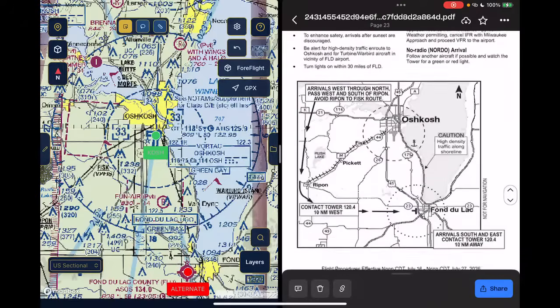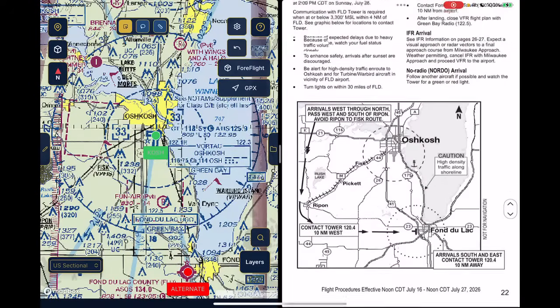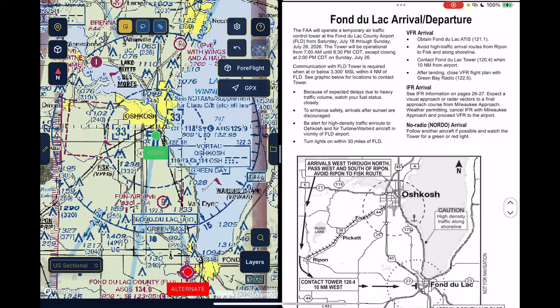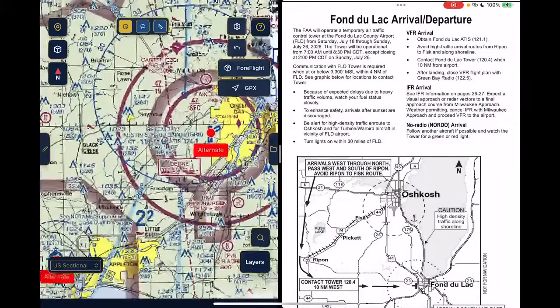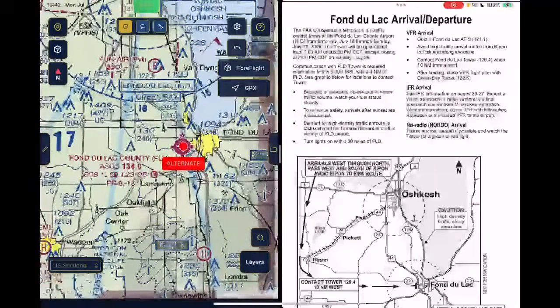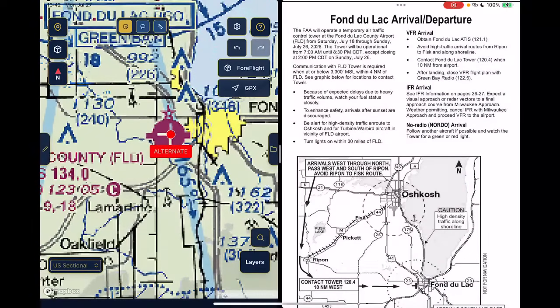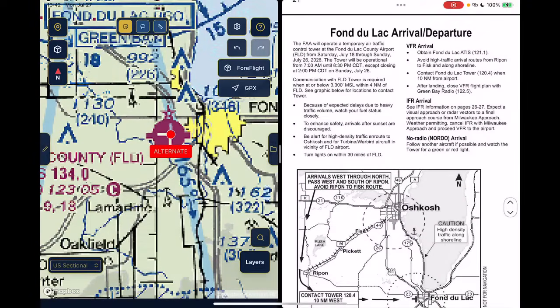Alrighty, so this is one of those examples of when it would be advantageous for us to add something to the map. So there's Appleton right there. This is Austin, this is Fond du Lac. Okay. FAA will operate temporary air traffic control tower at Fond du Lac from Saturday, July 18th through Sunday.